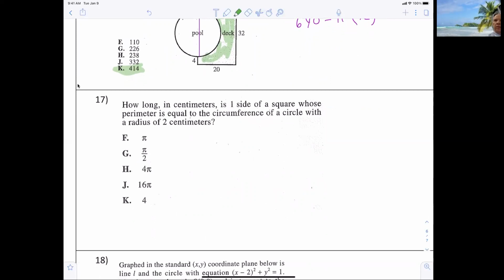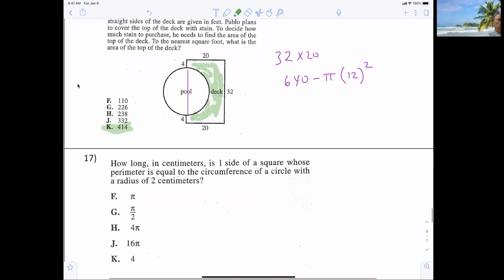You can type it in straight like this: 640 minus pi, you can even put the 12 right there and then do square, and it'll give you the right answer. The calculator knows order of operations, guys. Now look, don't make me break out my calculator. Everybody in here can do 640 minus pi times 12 squared.